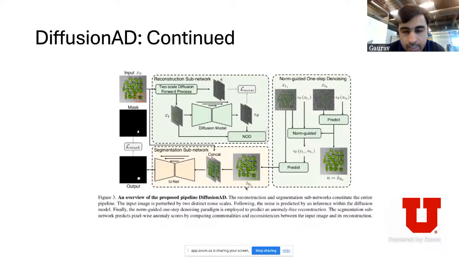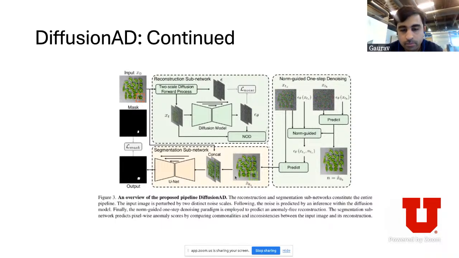I think this is the xts prediction, the initial prediction coming from the finer image, so finer noise. Those were concatenated, and then this was passed through the segmentation subnetwork. So this would be a normality-restored image in the author's opinion, but this would come after the conditioning process.